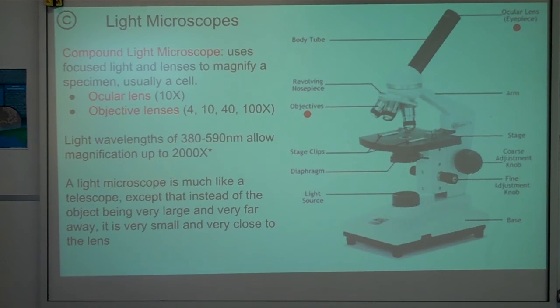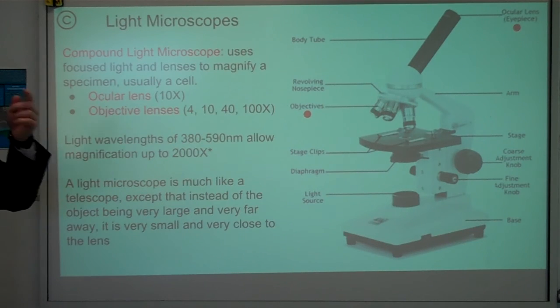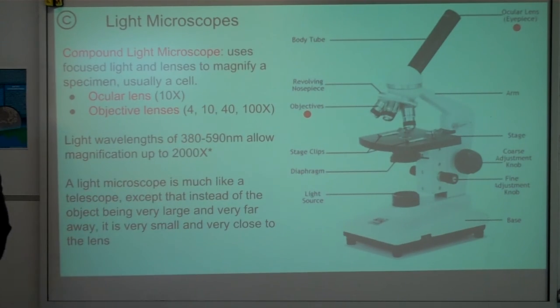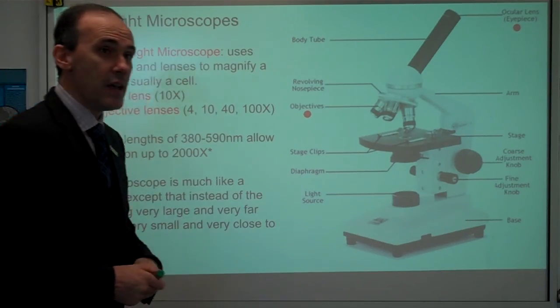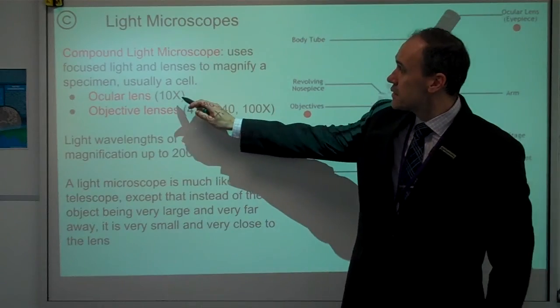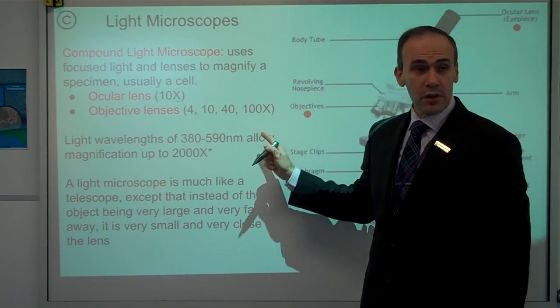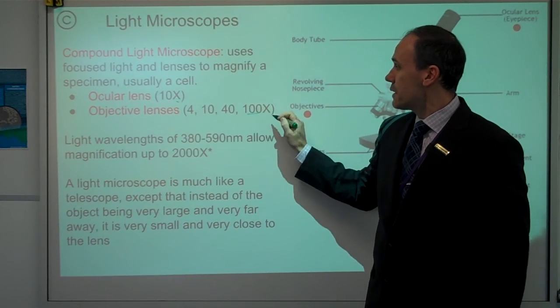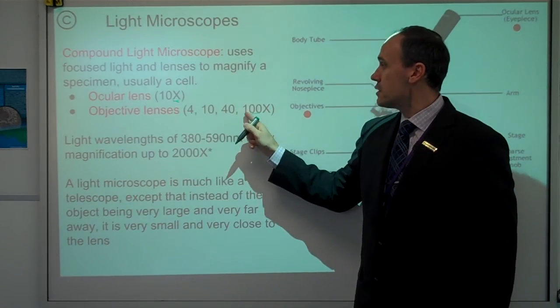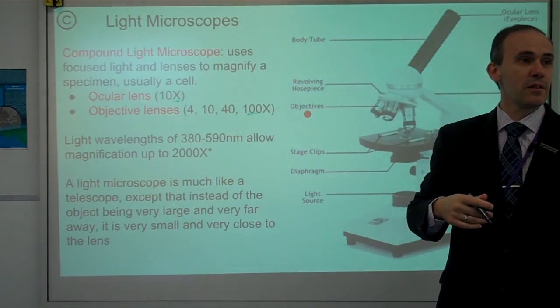So they allow magnification of up to about 2,000 times. Our microscopes only go to 1,000 times, right? How do I work out magnification? We'll look at this later, but it's this lens here, the top one, times whatever one you're looking through down the bottom. So that's the biggest one I have available to me. 10 times 100 is 1,000 times magnification.